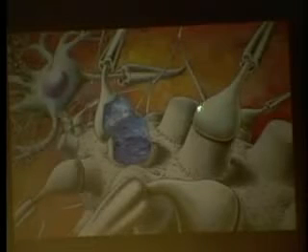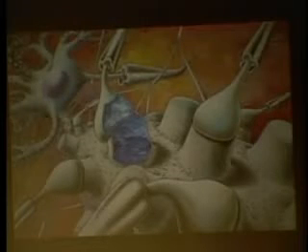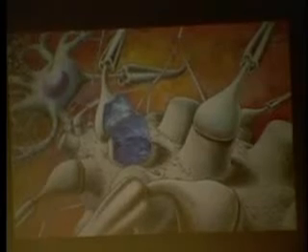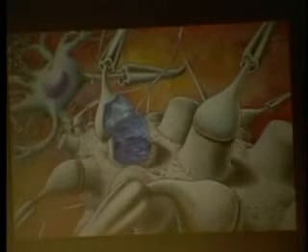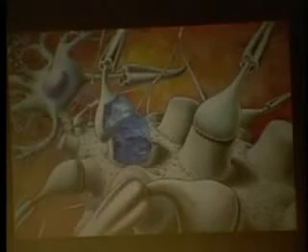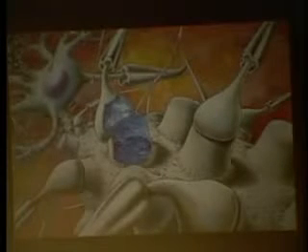Sure, you have axoaxonic. Do you have one coming in and synapsing with the soma? Sure. So you have axosomatic, you have axodendritic, and you have axoaxonic. There's one more. Dendrodendritic. Those are very rare, but they're finding many more of them than we ever thought before. Next slide.